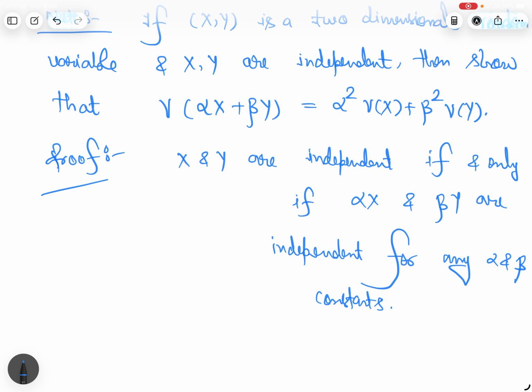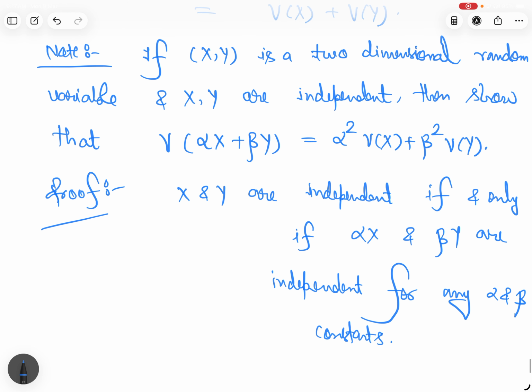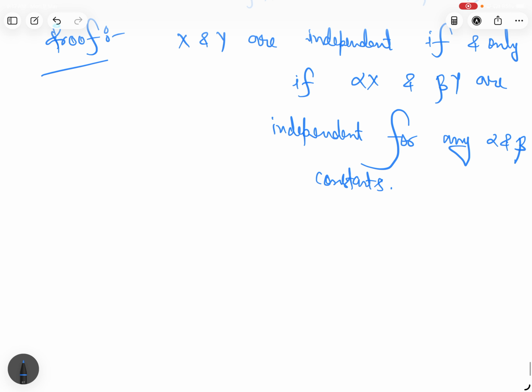Now, using the third property, variance of alpha x plus beta y is equal to variance of alpha x plus variance of beta y.